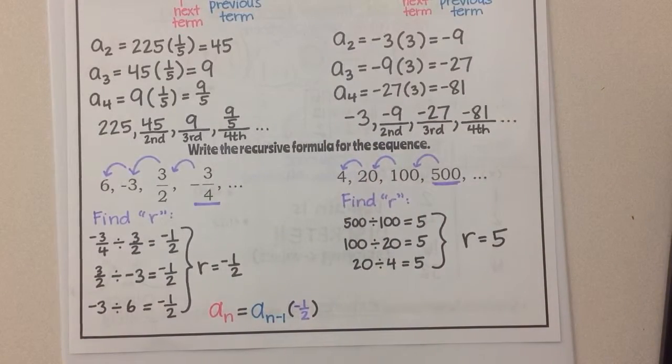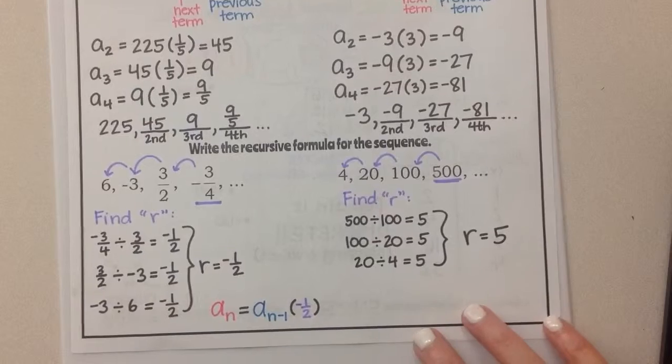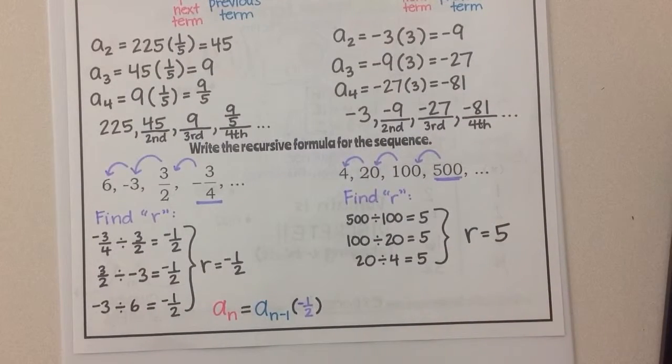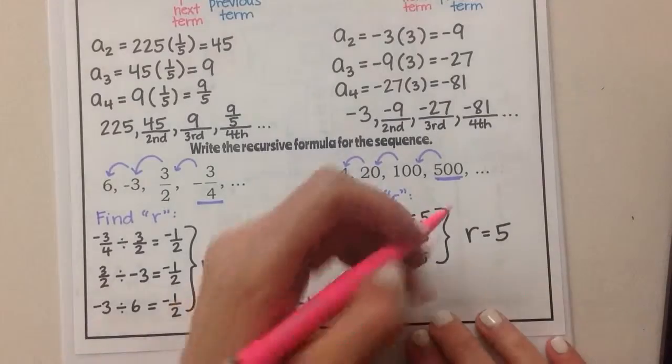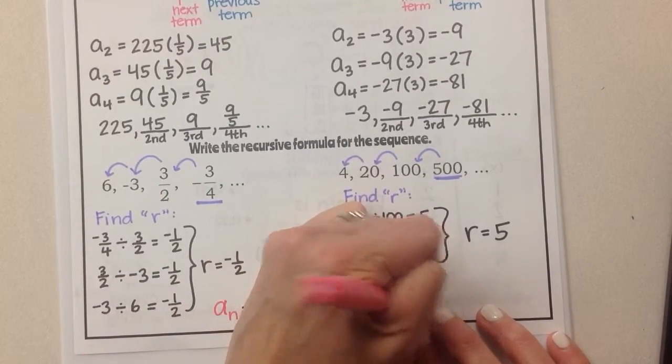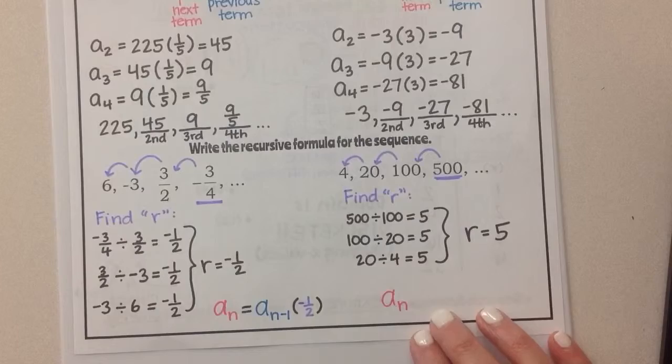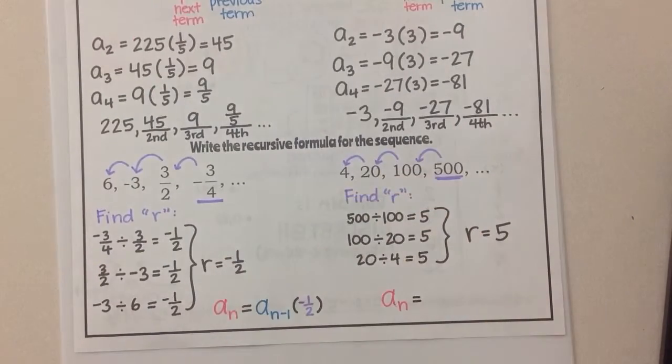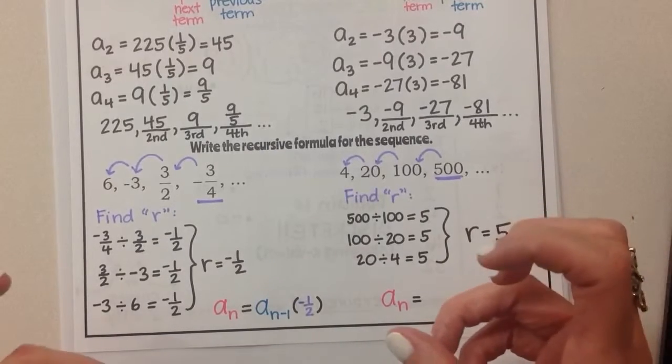And now I'm going to write my final equation. So again, I have to write the notation for those words, the next term, and that is represented by A sub n. Equals, because the equals tells me, hey, here is how you find the next term. So now I want to write the notation for the previous term.